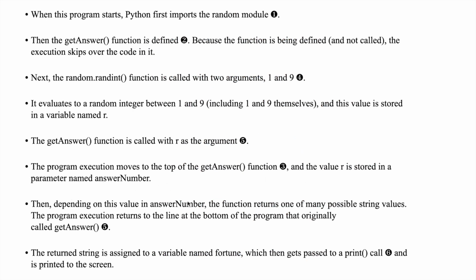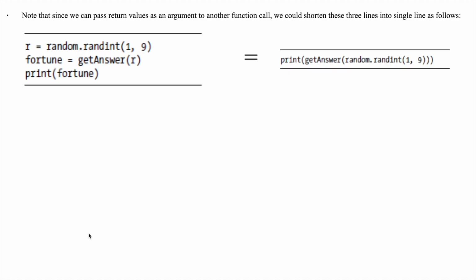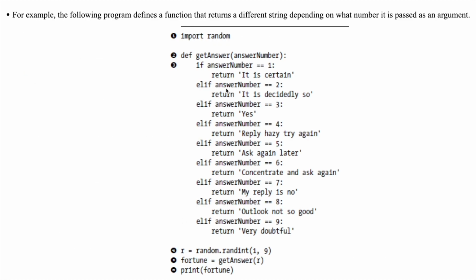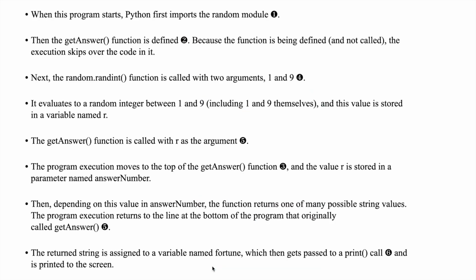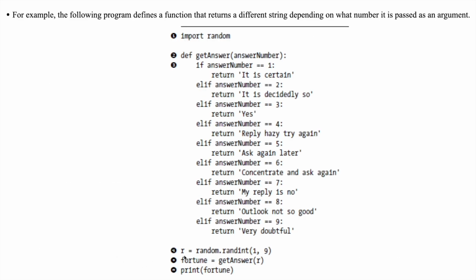Depending upon the answer number, the function returns one of the many possible string values. After that, the program execution returns to the line that originally called getAnswer, which is line 5.